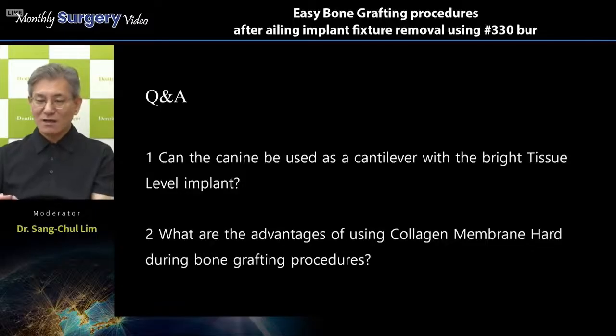So we need something long-lasting. Another reason is space maintaining. This stiff membrane gives us space maintaining without other devices, like a Dentium Korea or some devices. So it itself has the space maintaining characteristic.